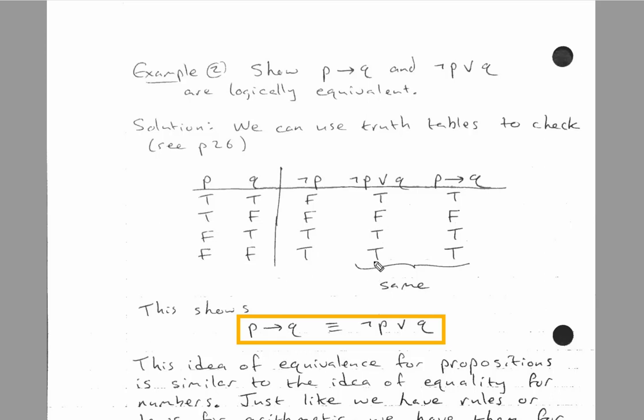Alright, so the fact we're getting the same columns tells us that these two are logically equivalent. In our notation we can write it like this: P implies Q is equivalent to not P or Q. This is a useful formula we'll use later.